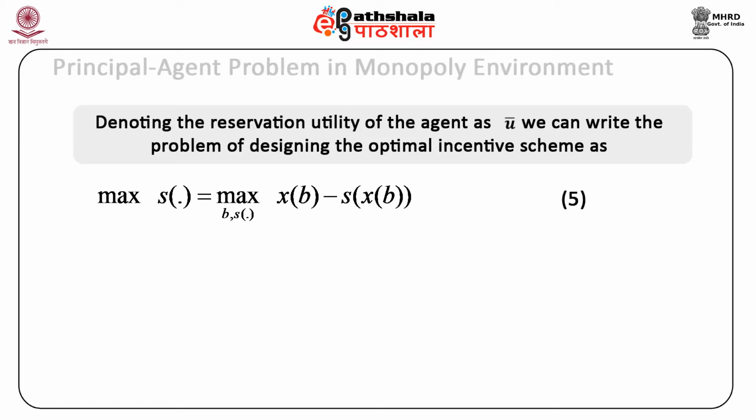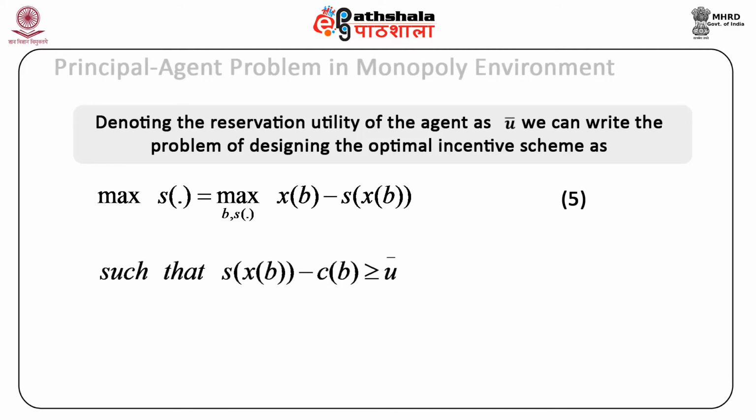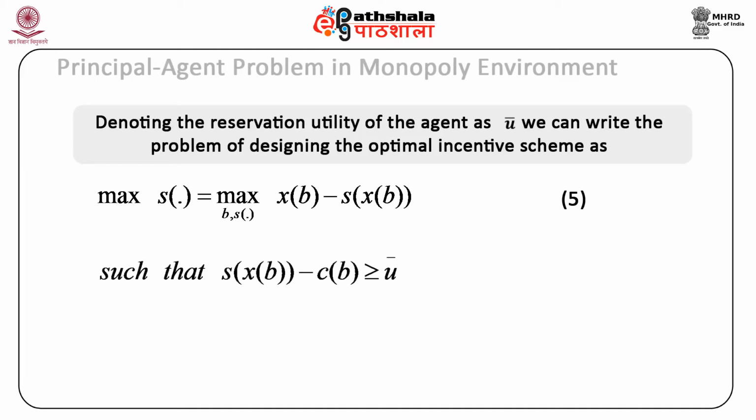This is equation 5, such that S(x(B)) minus C(B) is greater than or equal to U bar. This is equation 6.